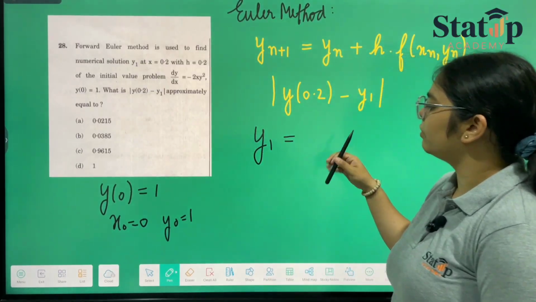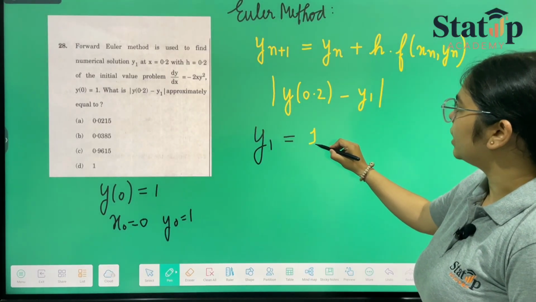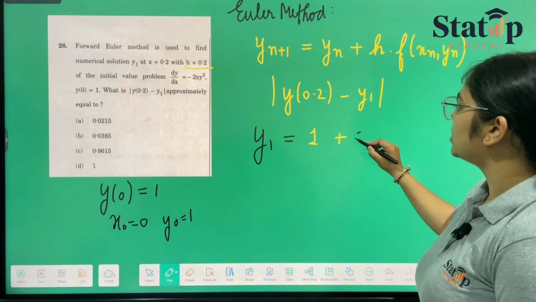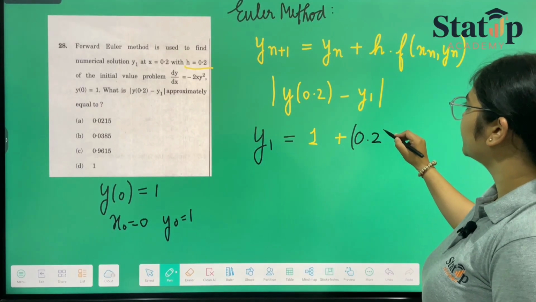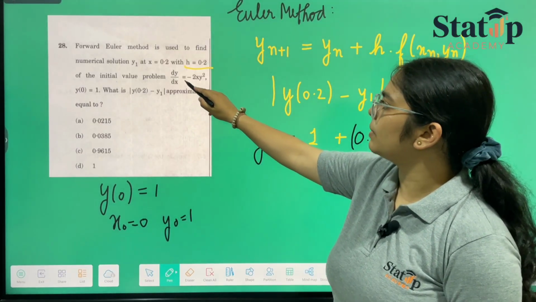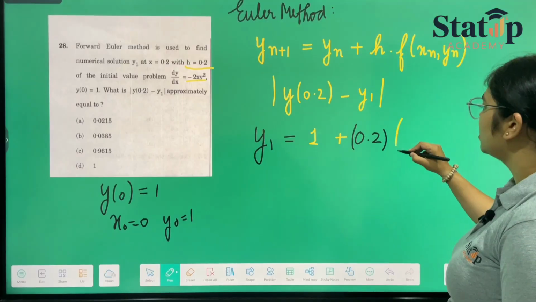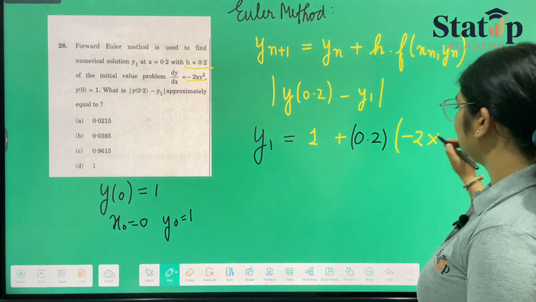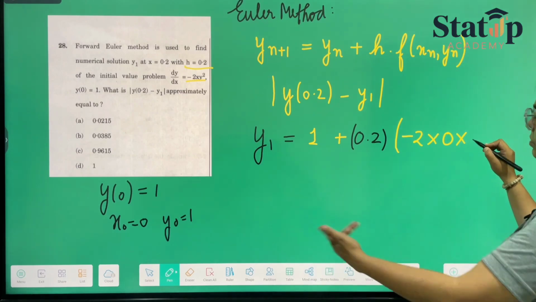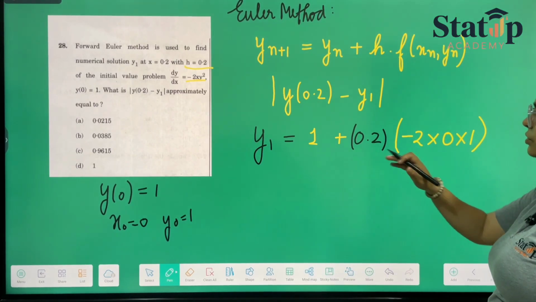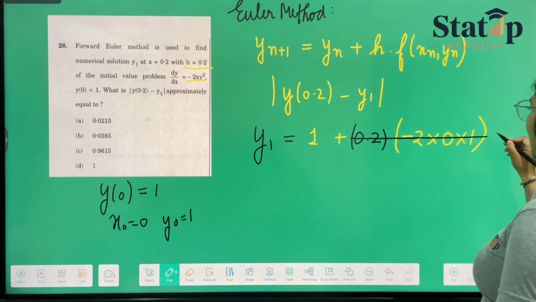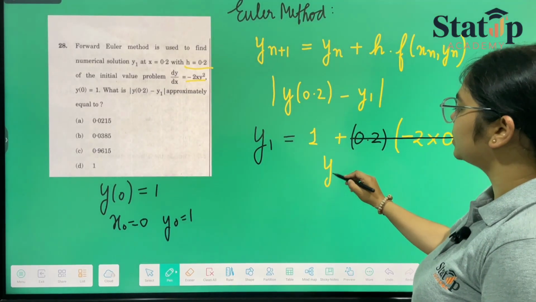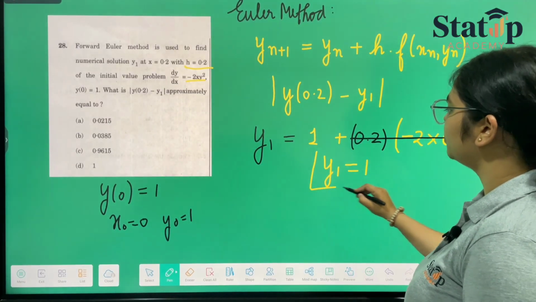Putting the values, y naught is 1 plus h, where h is the difference provided as 0.2, into f, the function, which is minus 2xy square. So minus 2 into x naught, x naught is 0, and y square is 1 square, which is 1 only. So this whole term will become 0, and our answer for y1 will be 1. So we have got y1 equals 1 from Euler method.